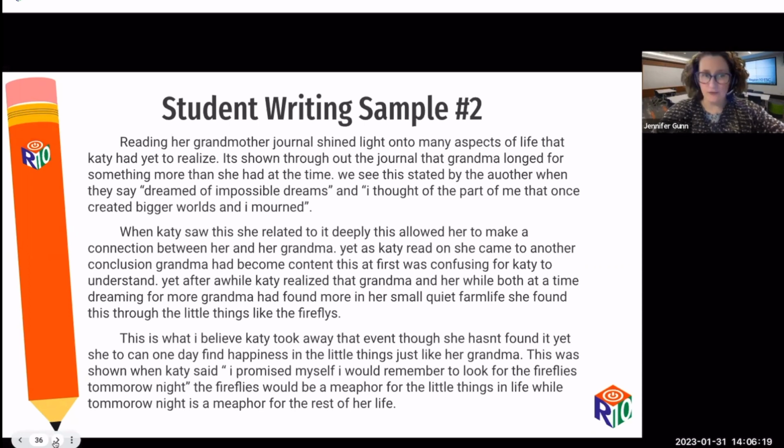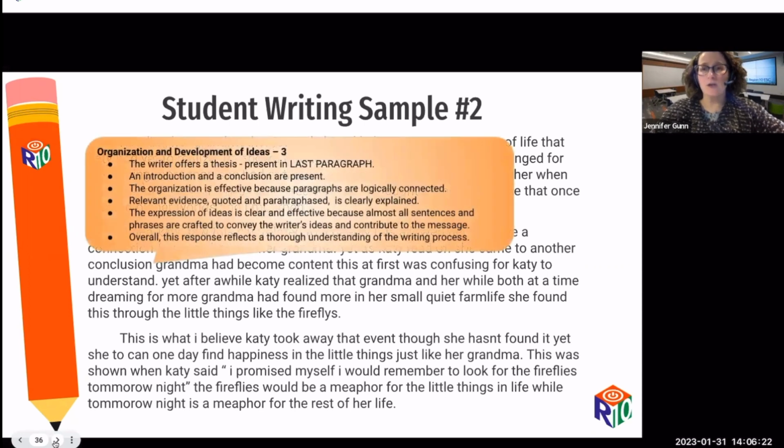rest of her life." This student scored a 3 on development and organization of ideas because their thesis, that last sentence in the last paragraph, is particularly insightful, and the expression of ideas leading up to that are clear and effective, contributing to that culminating thesis in the last paragraph.